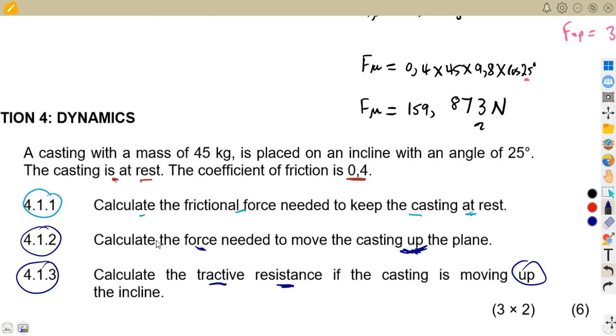All right. So how can we have this into consideration? It follows that we are going to be working with F up because it's moving up. It's not moving down. It's moving up.